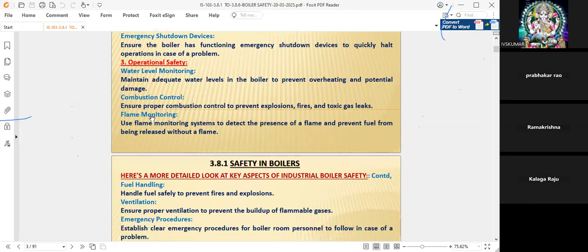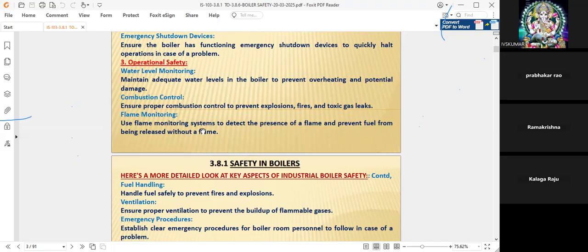During combustion control, we need proper oxygen supply through primary air, secondary air, and tertiary air also. Flame monitoring is also important, where the burners are used before starting or lighting the boiler to ignite the coal and the liquor. We have to use the flame monitoring system to detect the presence of the flame and to prevent fuel from being released without any flame.